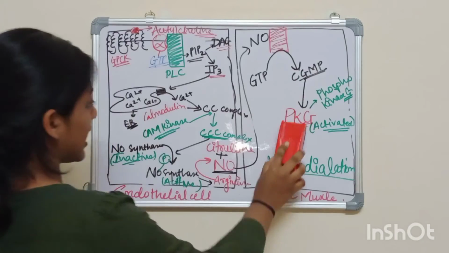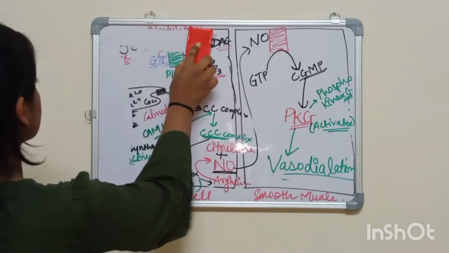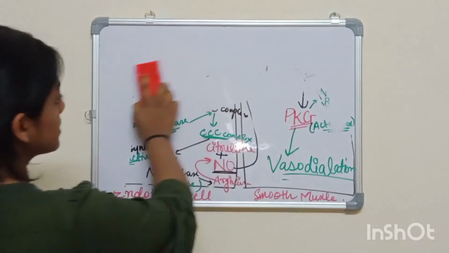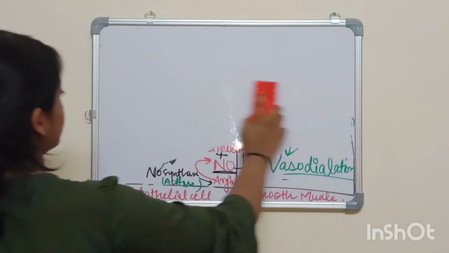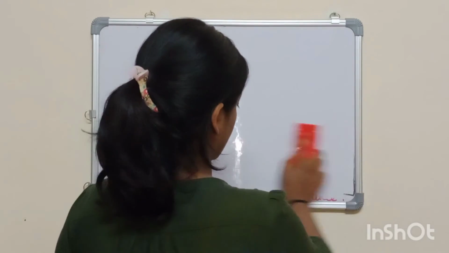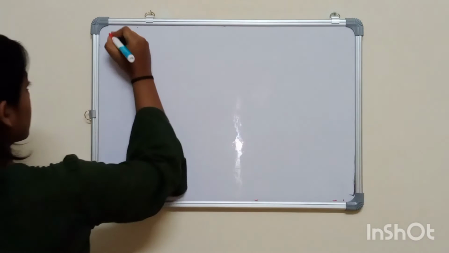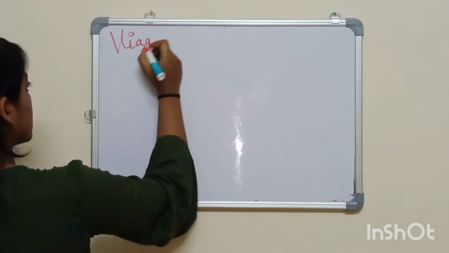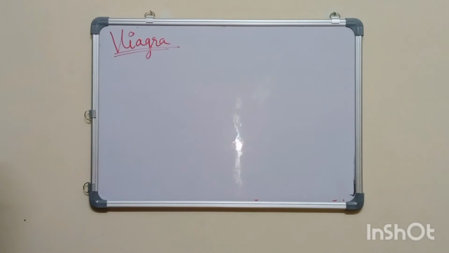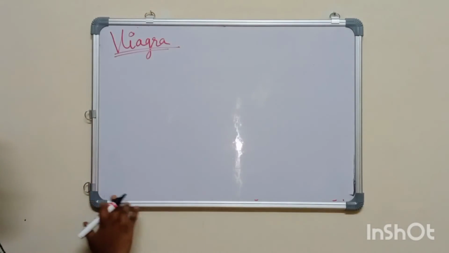So this was the GPCR NO signaling. Now let's see the application of the GPCR NO signaling. A medicine commonly known as Viagra is used by patients that have problems in penile erection.